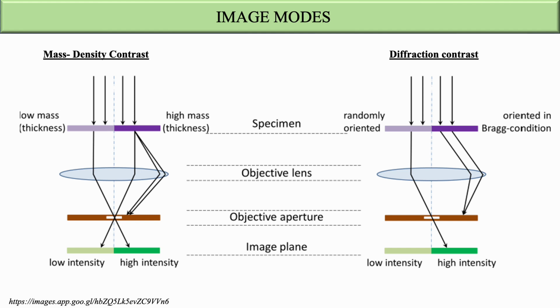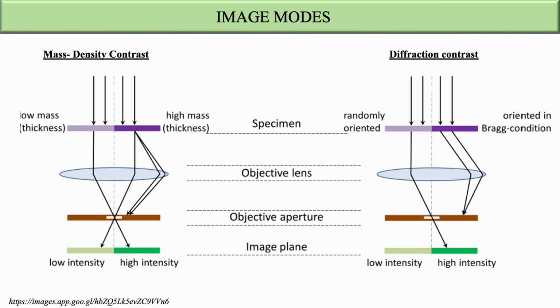This mass density contrast is observed in samples like amorphous polymers or biological specimens, and it can be increased by staining. When we stain a sample, it increases its thickness and density. Therefore, there will be low scattering observed there and low intensity observed on the screen.